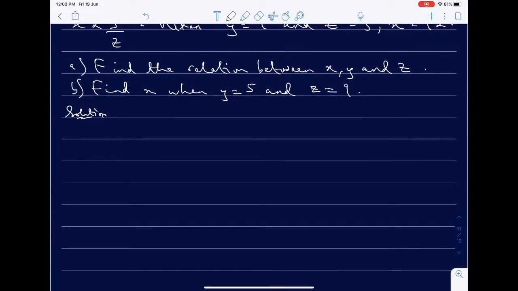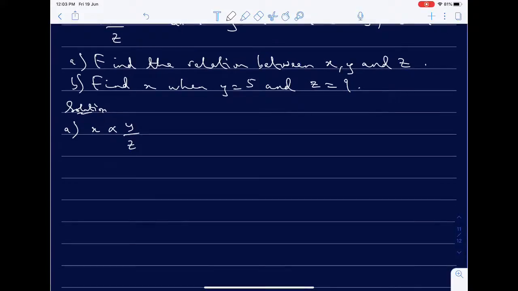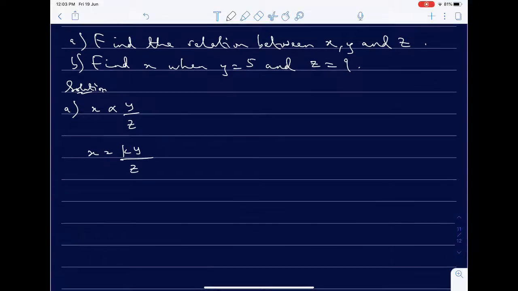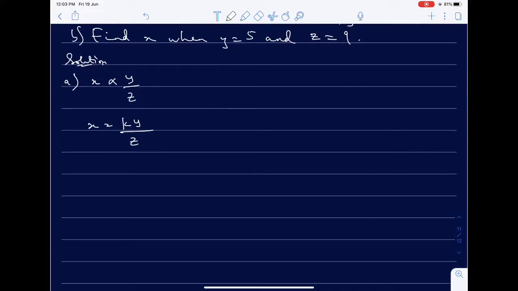So, we said the first question is A. You write the expression of proportionality down, and they said x varies as y over z. If that is so, that simply means x equals ky over z, which means k, of course, if you cross multiply, this means x over 1.